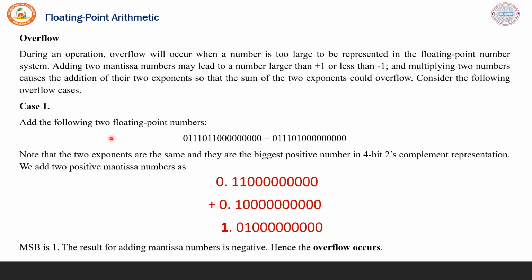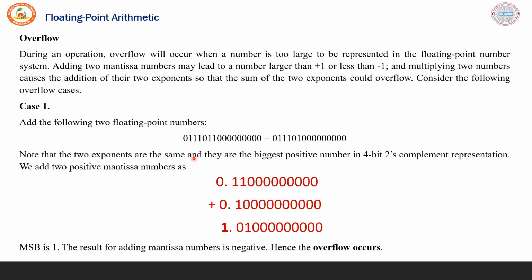Let's take examples. Case 1, we are adding two floating point numbers as shown here. The two exponents are the same, so we don't have to worry about this, and the biggest positive number in 4-bit 2's complement representation, obviously in 4-bit the highest number, is plus 7.